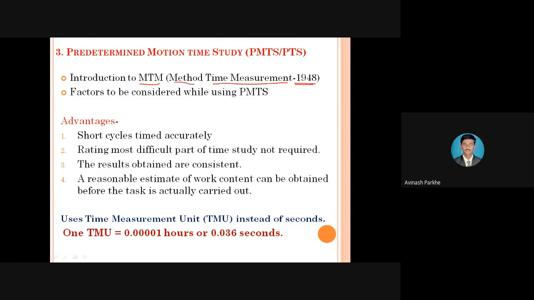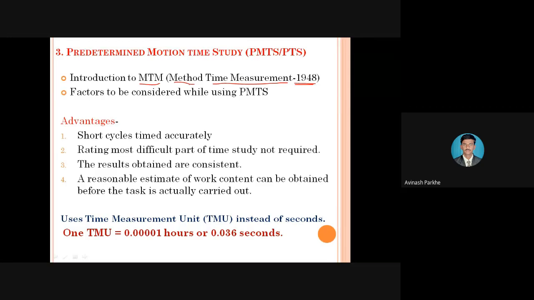That means before starting the activity, if I calculate the time to perform that particular task, that concept is called a predetermined motion time study. Predetermined motion means before starting your activity, in advance, if I calculate the time, that concept is called a predetermined motion time study, or also a predetermined time standard. And we use this kind of activity in our day-to-day application.